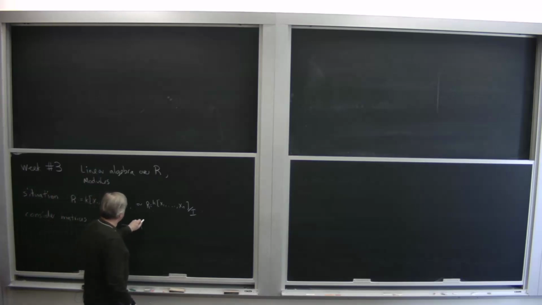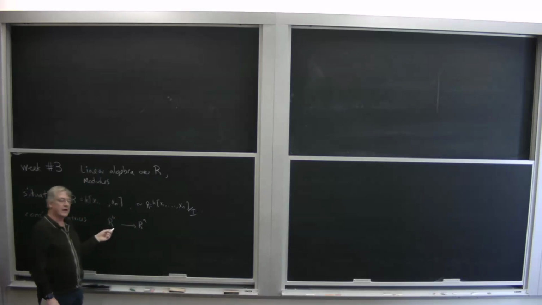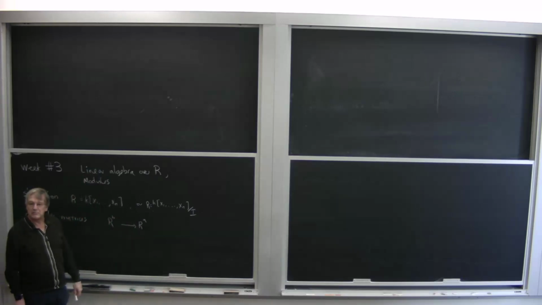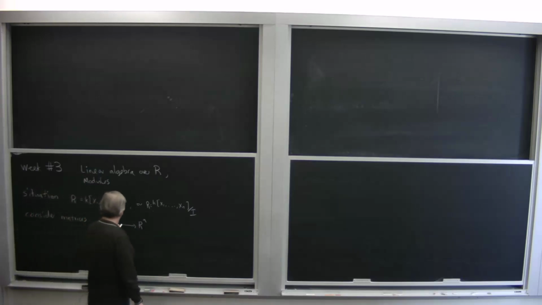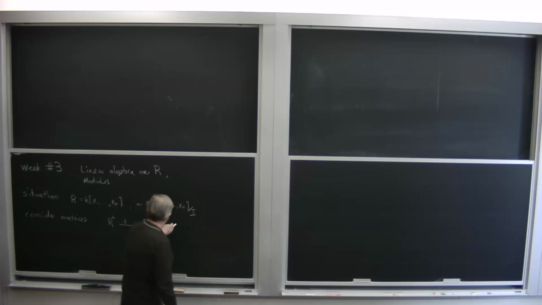These are just free modules, and I think of them as the standard ones with a basis given by unit vectors. And then a matrix F is really an A by B matrix with entries in R.